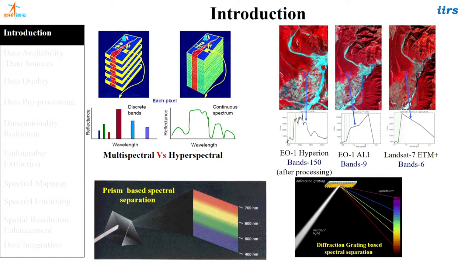You pass monochromatic white light through a prism and spectral separation takes place. Here also similar technologies are used. There are many similar instruments used for spectral separation, like prism based, grating based, wedge based filters, and Fourier transformation filters.